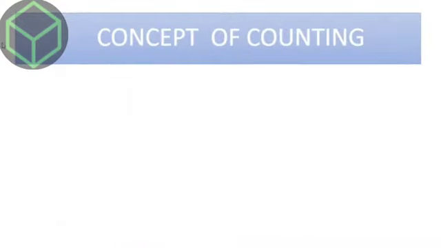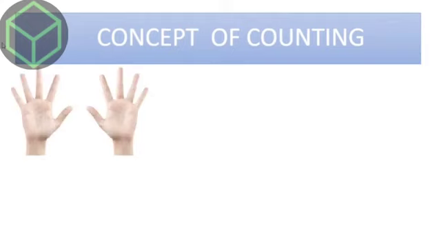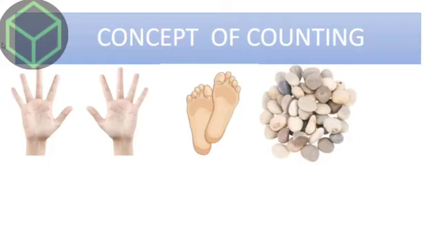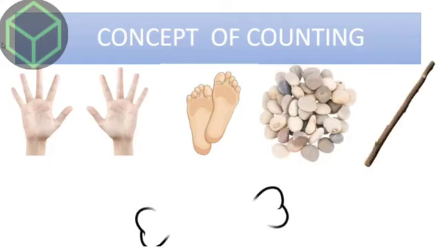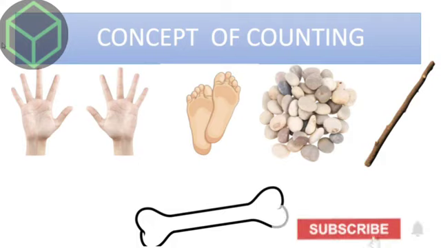He used to count with the help of fingers, toes, pebbles and stones, sticks, bones, etc. But big calculations were not possible with them. So people became more conscious and started thinking of some kind of device which could make their task easier. So the first calculating device, the abacus, evolved.